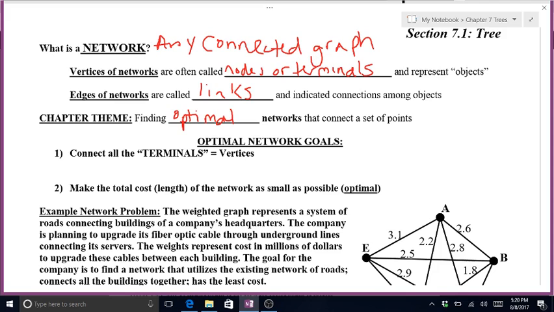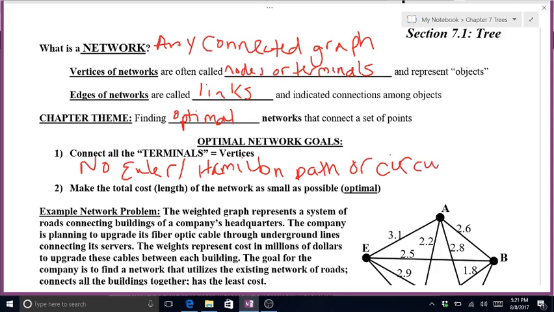This time, we do not have to create a Hamilton path or an Euler path or circuit. So we've got no Euler, Hamilton, path or circuit. And again, because we're looking for the optimal network, we're trying to find the total cost or length of the network that's as small as possible.